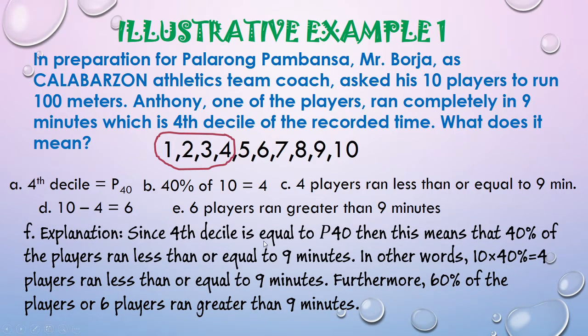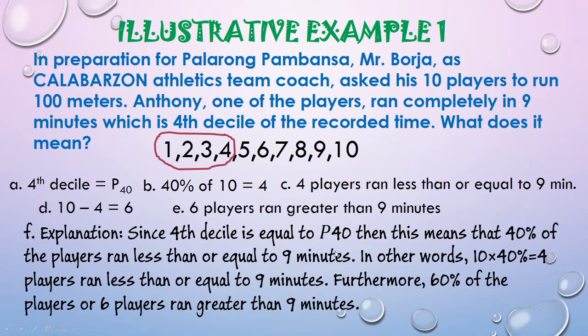So, since fourth decile is equal to P sub 40, then this means that 40% of the players run less than or equal to 9 minutes. In other words, 10 times 40% is equal to 4. So, 4 players run less than or equal to 9 minutes. Furthermore, 60% of the players or 6 players run greater than 9 minutes.